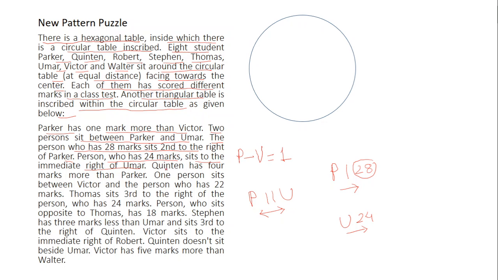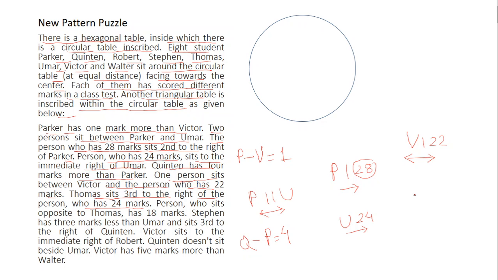Quentin has 4 more marks than Parker. One person sits between Victor and the person who has 22 marks. Thomas sits to the third right of the person who has scored 24 marks.